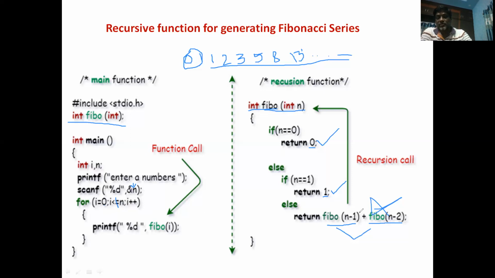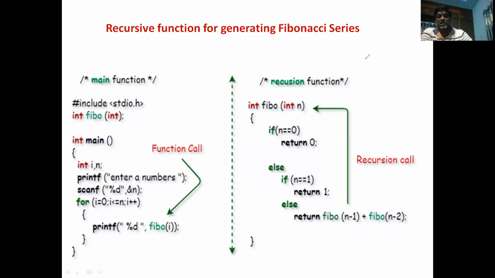So what is fibo of 1 plus fibo of 0? It is 1 and 0. The sum of these two, 1 plus 0, is 1. So it displays the corresponding value and so on. So this is how it calculates the Fibonacci numbers for a given i and returns back into the printf for display purpose. So this is the program for generating the Fibonacci sequence.